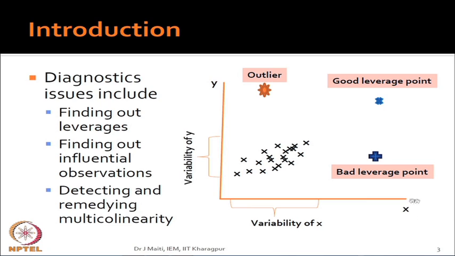If there is some amount of dependency amongst the independent variables, it leads to distortion in the estimates, and that is termed multicollinearity. So, we will find out how to identify these observations, what the remedies are for high leverages or high influential points, and what multicollinearity is, and how to detect and remedy it.